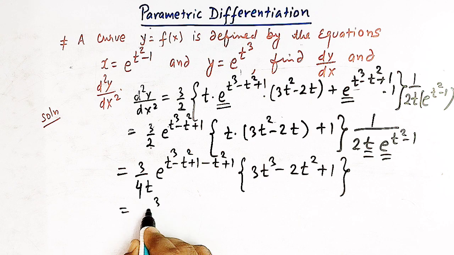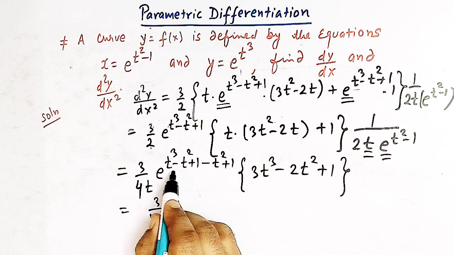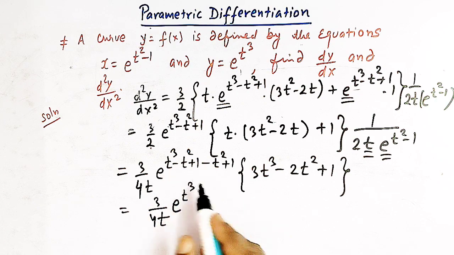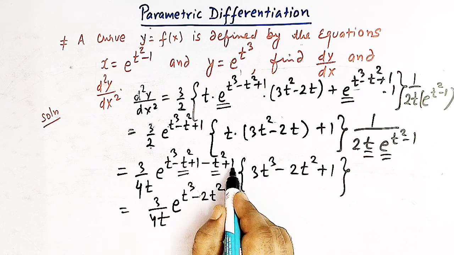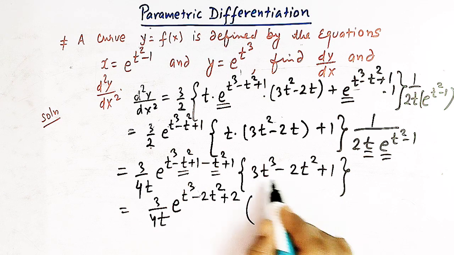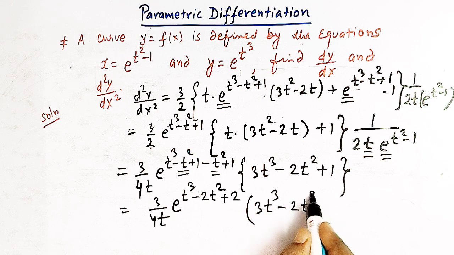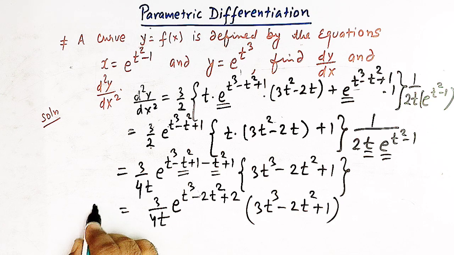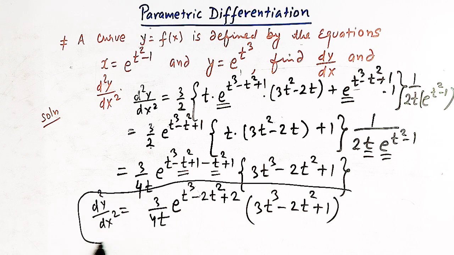Okay, so now we have 3 over 4t, and here we can see that we have e raised to t cube minus t square minus t square, which is minus 2t square, and 1 plus 1 is 2, right? And in the brackets we have 3t cube minus 2t square plus 1. So the required expression for the second derivative of y with respect to x is given by this expression.